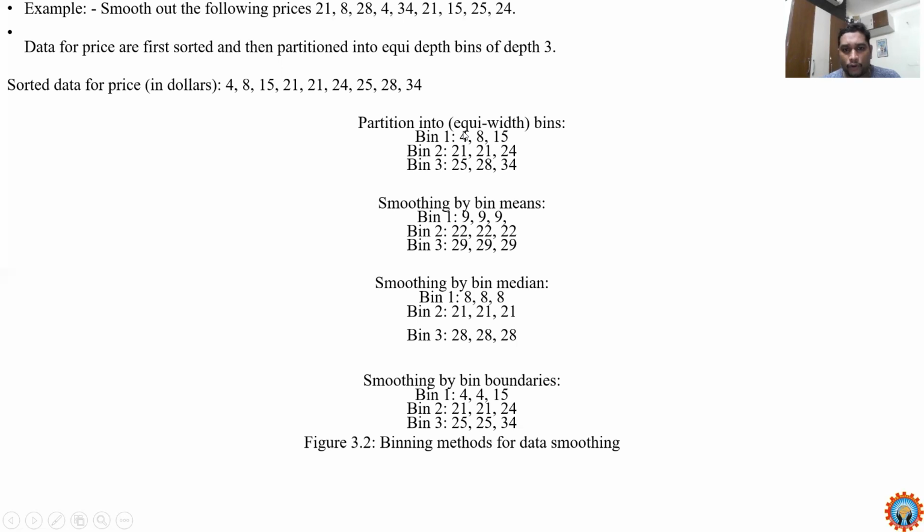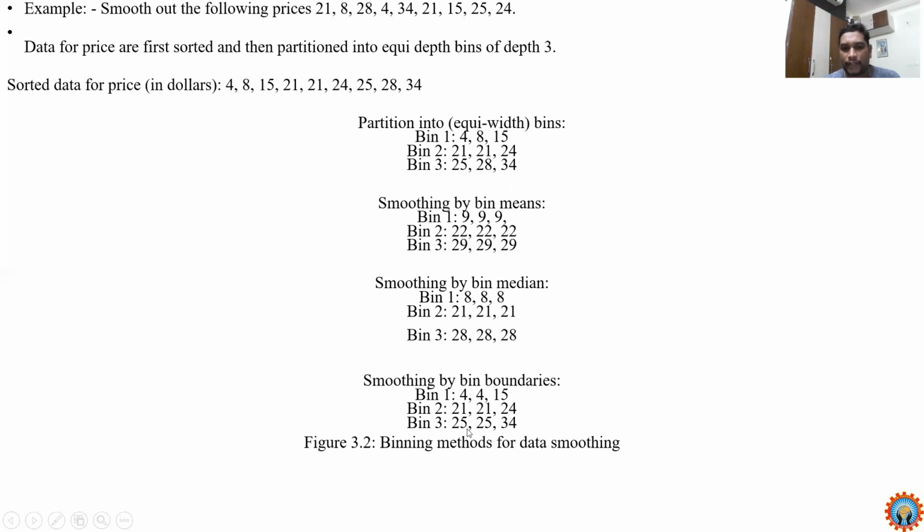If you take 4, the nearest boundary value is 4. If you take 8, the difference between 4 and 8 is 4, and the difference between 8 and 15 is 7, so the nearest value for 8 is 4. For 15, the nearest boundary is 15. Next, for 21, the nearest value is 24.